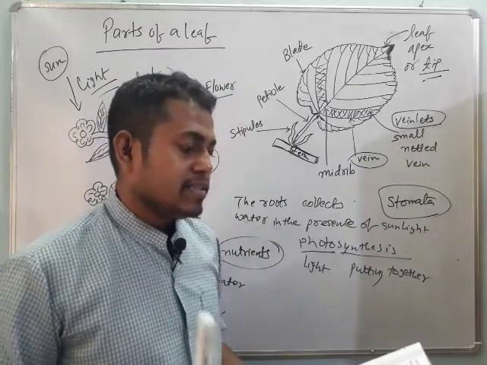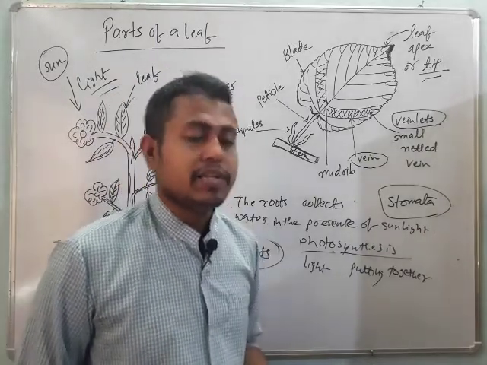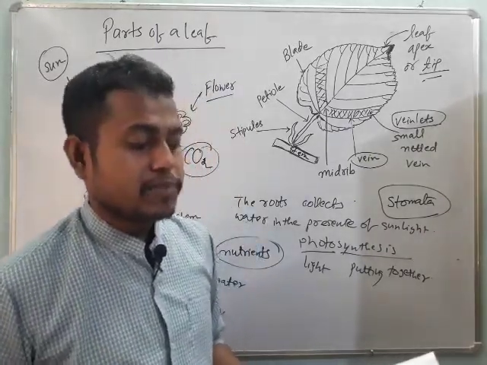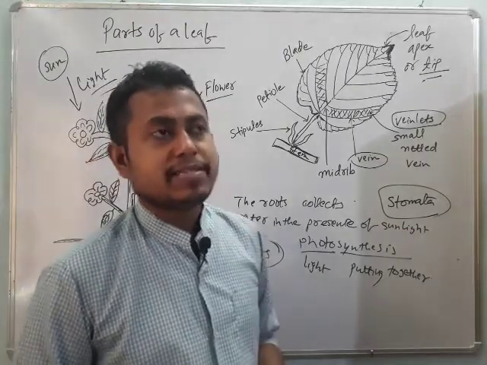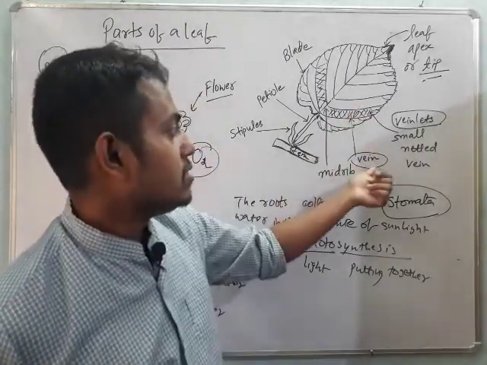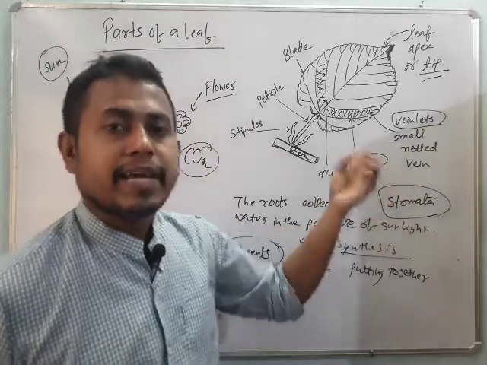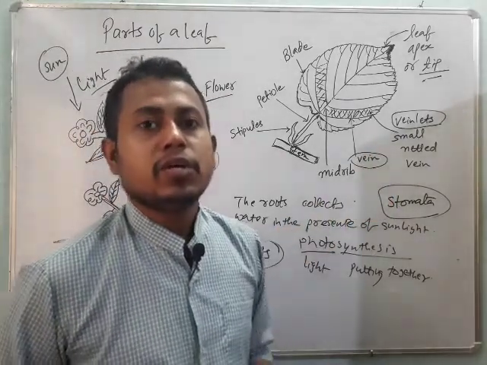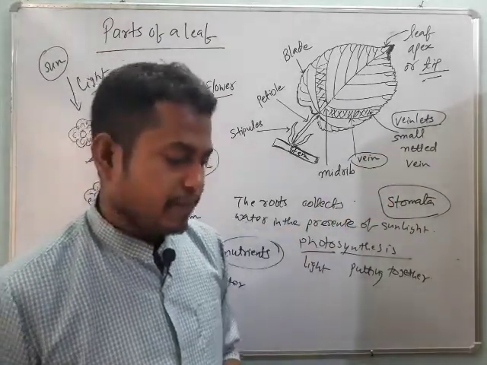Leaf veins supply food and water to all parts of a leaf blade, which then transport the same to all parts of the plant. I said the veins carry food and water to all parts of the plants.